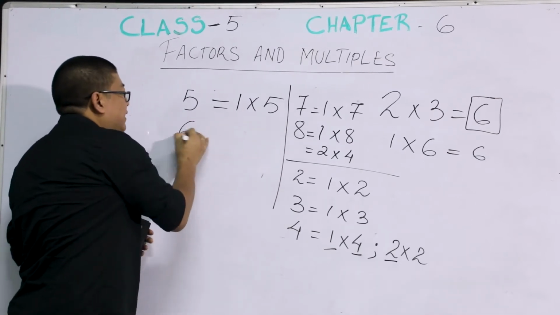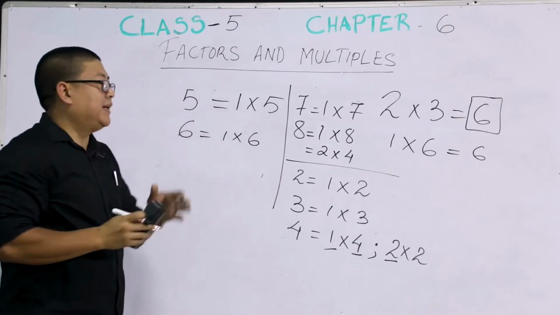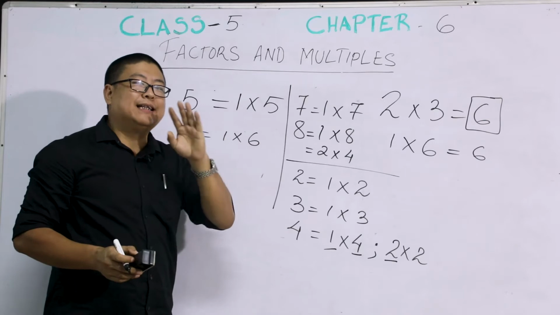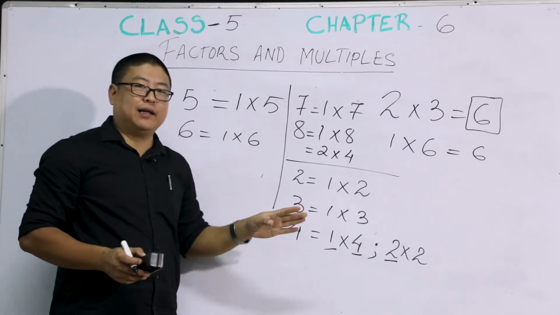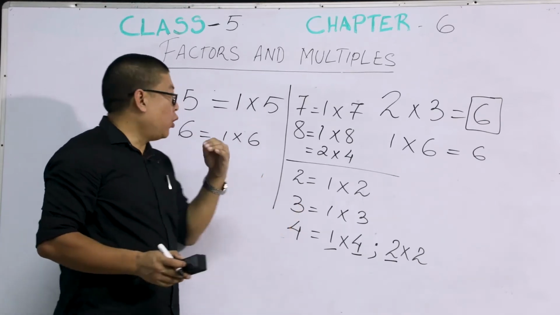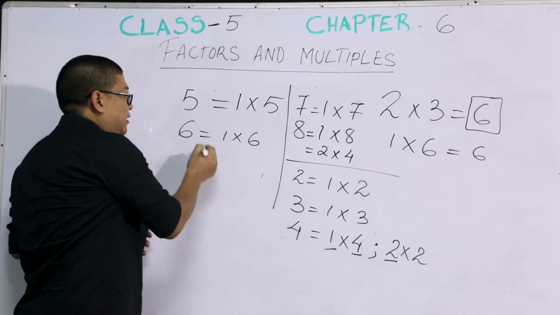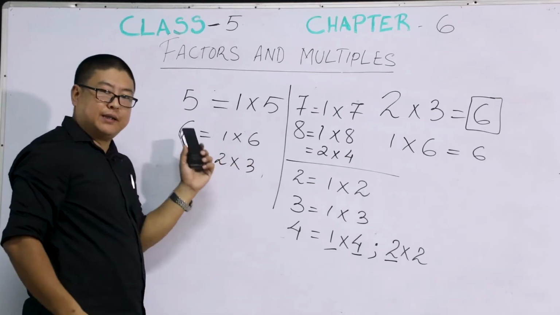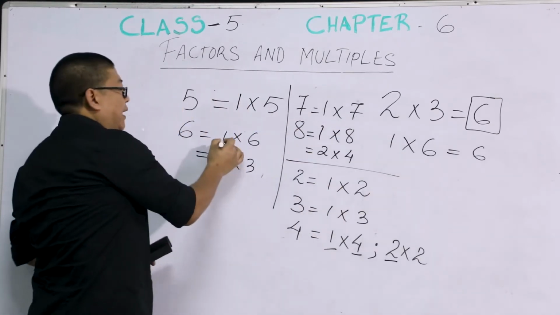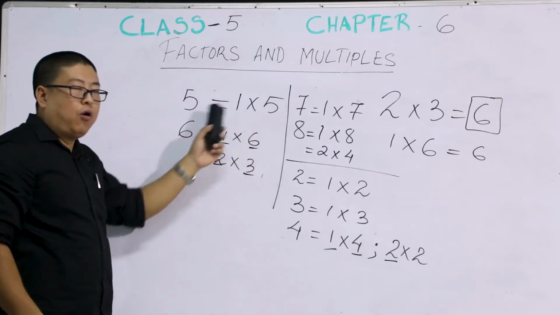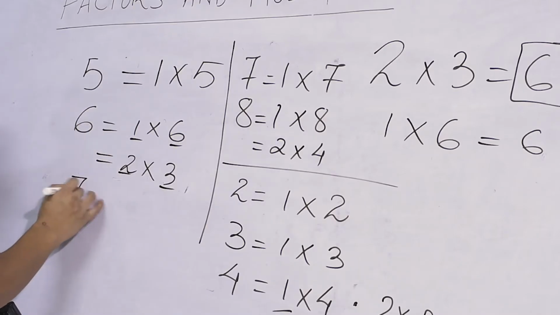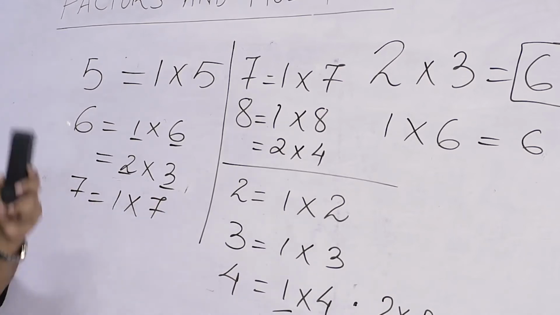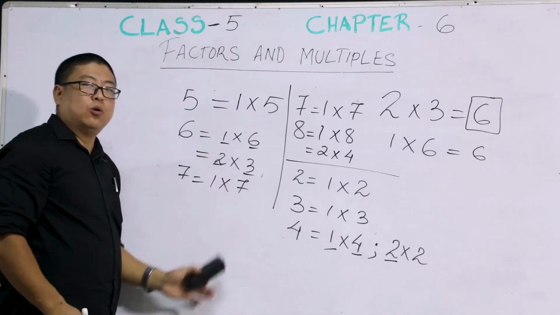If I take 6, 1 into 6, please remember that for every number, 1 into that number are the factors, compulsorily. It will always be there, okay? Now, 1 into 6 is 6. There's another way, 2 into 3 is 6. We've already done this. So we have 1, 2, 3, 4 factors for number 6. 7, only these 2 numbers, 1 and 7, all right? So the list goes on like that.